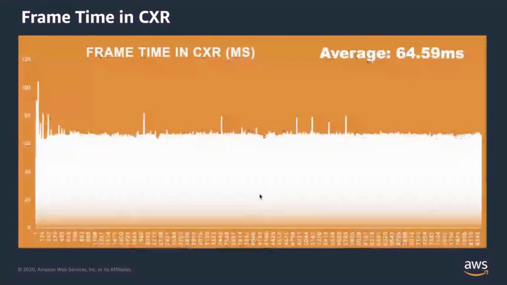Frame time in XR, right? The frame time in XR is another explanation that is given as part of the documentation. If you go and look at the SDK docs of CloudXR, it's the time it takes for a user movement to be captured and encoded and ready to be decoded, right? So the round trip time delay, along with the encoding aspect on the server side for picking up the right image and encoding it, and then sending out the frames to the client before the client is ready to send it to the decoding buffer.